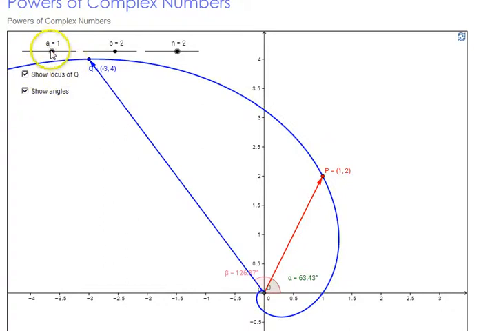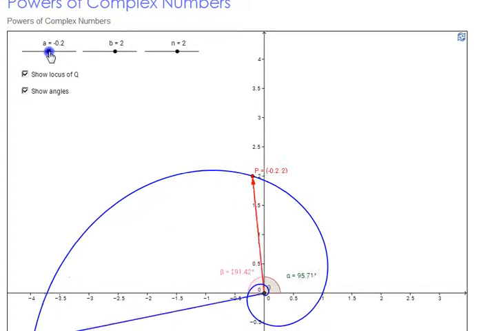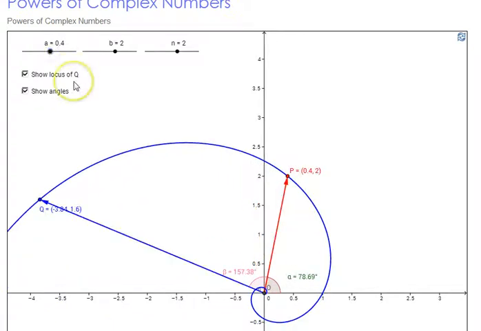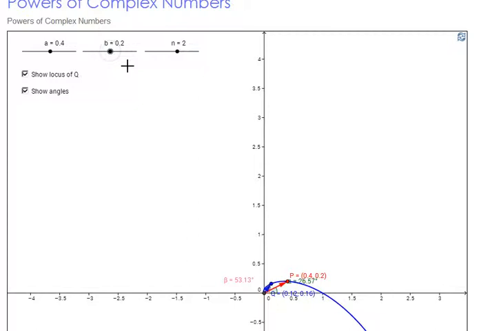Okay, now I'm going to reduce a and b, and I'm going to ask you to predict what's going to happen. Suppose I make a 0.4, and I'm going to make b less than 1, so I'll make b 0.2, let's say. Did you notice something happening? What happened?